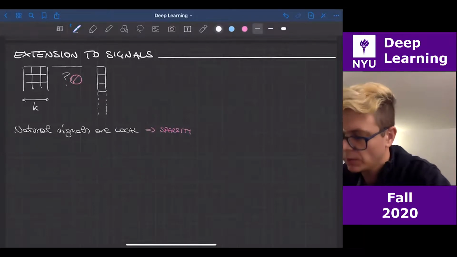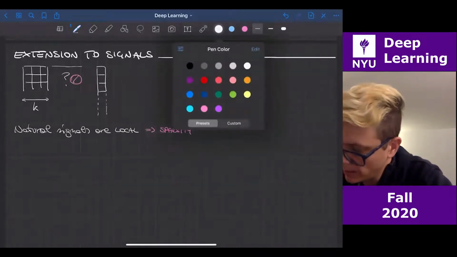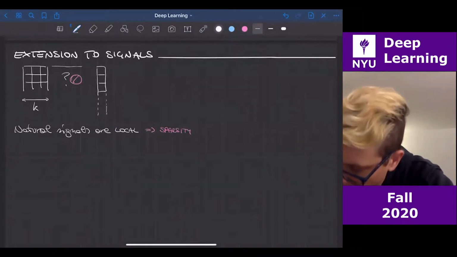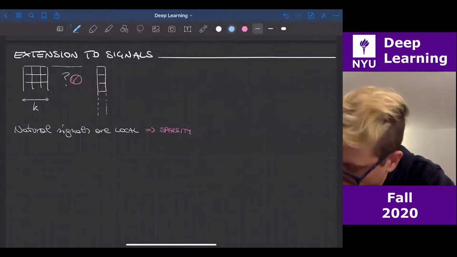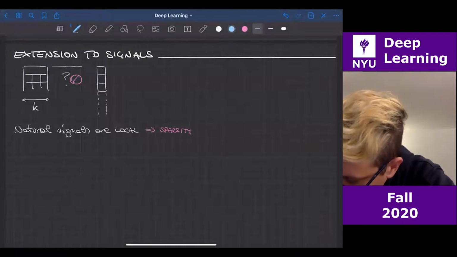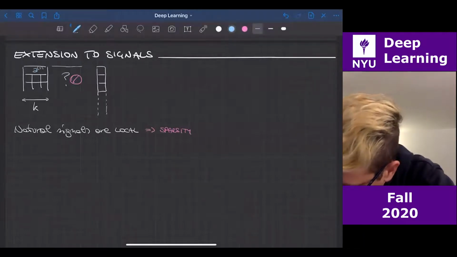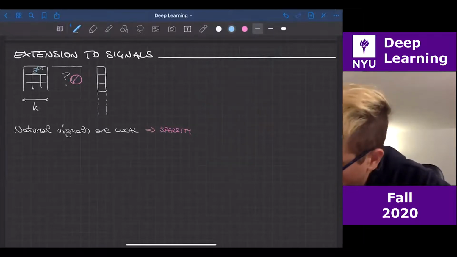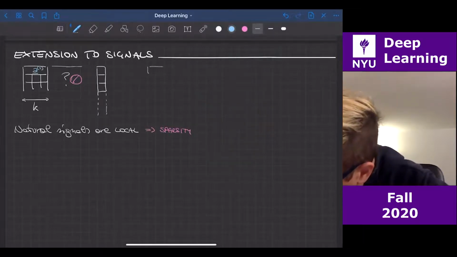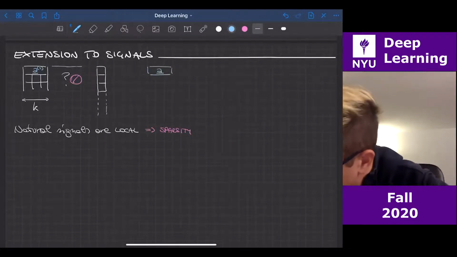Cool. So let's have my first item here. Let me draw it in blue. I have my A1. Let's just call it A for the moment. And then we said we have 0 here.